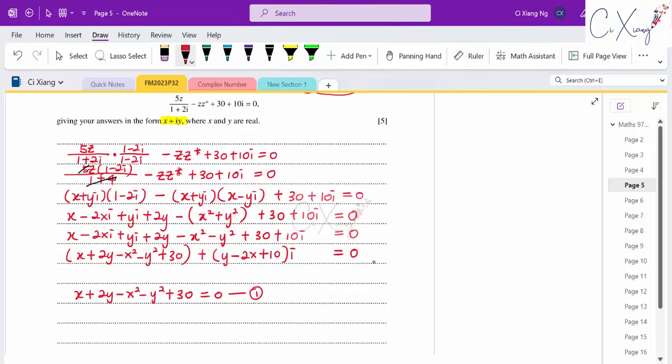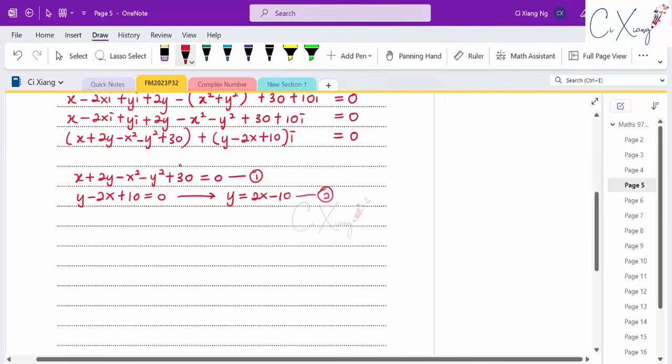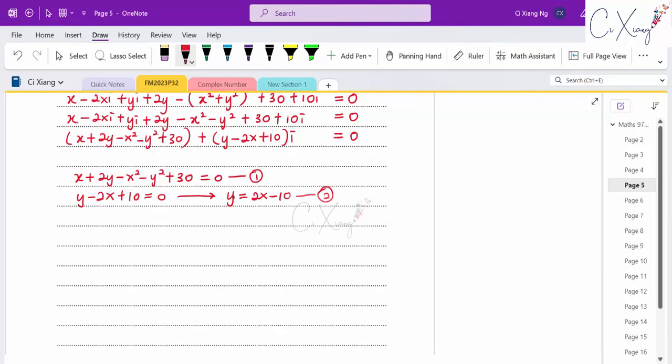For the second equation, I take the imaginary part: y minus 2x plus 10 equals 0, which gives y equals 2x minus 10. The idea is clear: we have two unknowns, x and y, and two equations, so we need to solve them simultaneously. I will substitute equation 2 into equation 1.